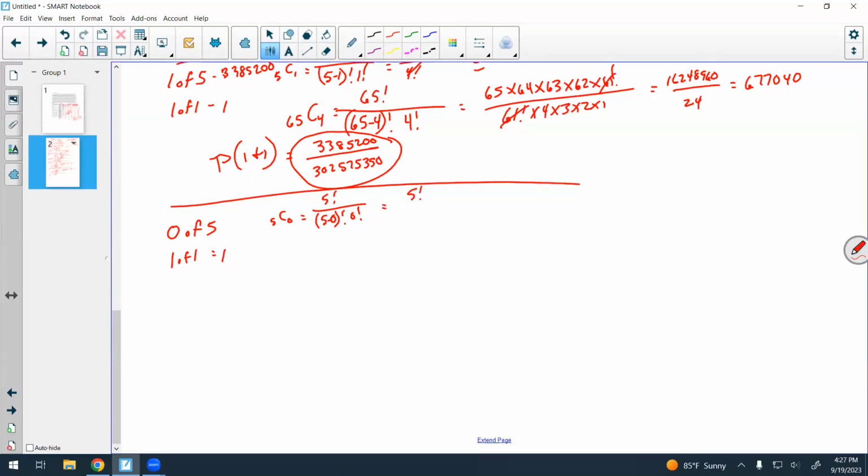So I simply have 5 factorial over 5 factorial, which is 1. There's only one way I can get 0 of 5, get none of them. However, I need to take into account the number of ways I can get 5 out of the 65 non-winners. 65 factorial over 65 minus 5 factorial times 5 factorial.